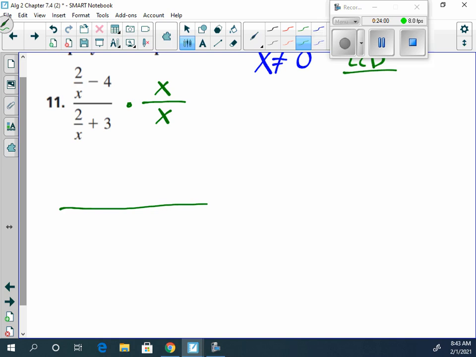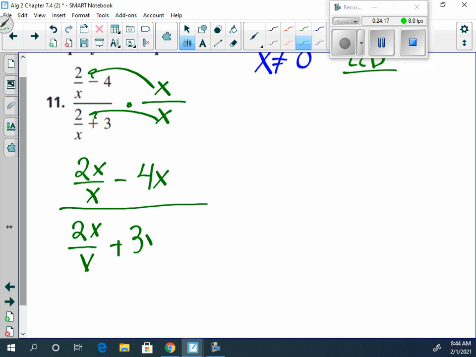Okay, so we're going to multiply through the numerator by x. So we'll multiply the 2 by x, so we'll have 2x over x minus 4x. We'll do the same thing in the denominator. We'll have 2x over x plus 3x. That very much looks like a v.